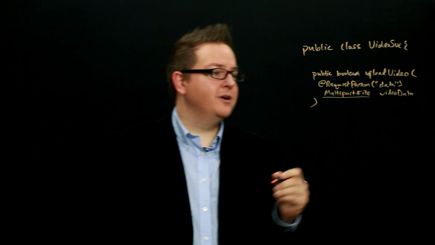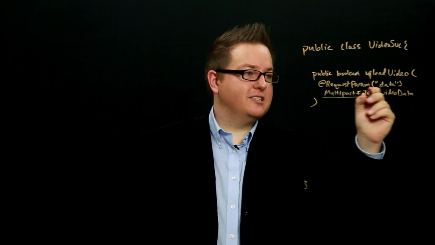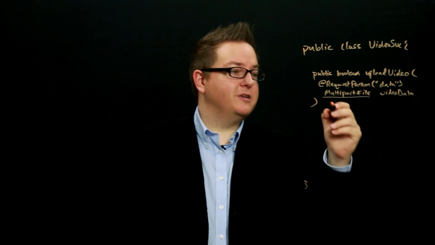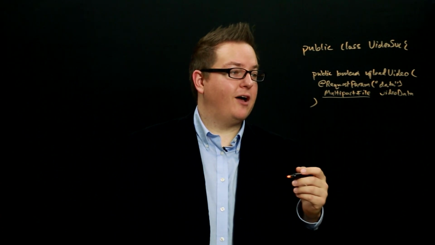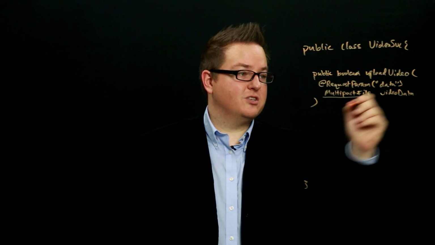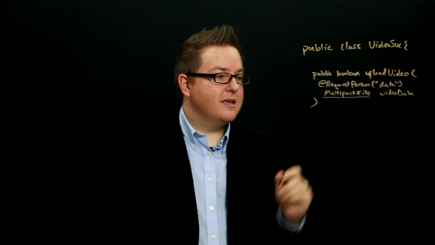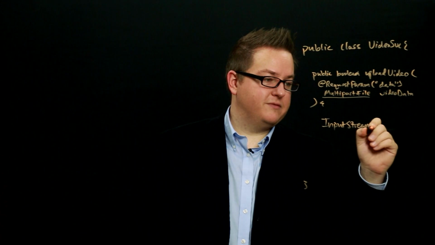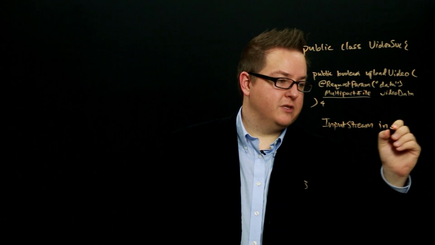So what we do is we get this just as a request param, just like we normally would. We just declare its type to be multipart file. And if you wanted to accept multiple parameters, you could just make this an array of multipart files. And then in our method, what we're going to do is we can get an input stream. And you should be familiar with input streams if you have worked with Java, from the file.